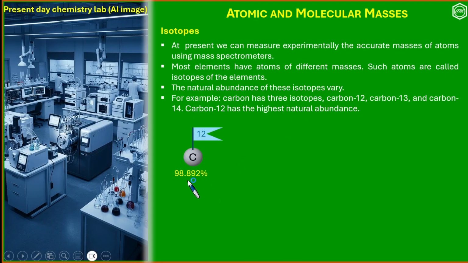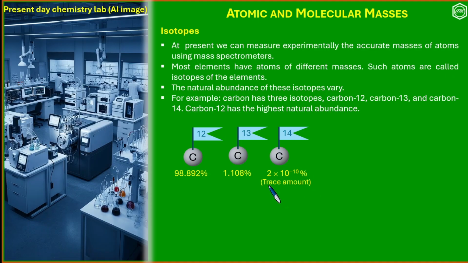That is 98.892%. Carbon-13 only 1.108%. And carbon-14 2 × 10^-10 %, that is practically nil or trace amount. So we have three isotopes, carbon-12, carbon-13 and carbon-14.